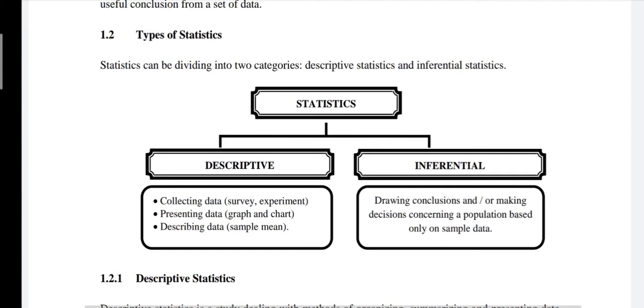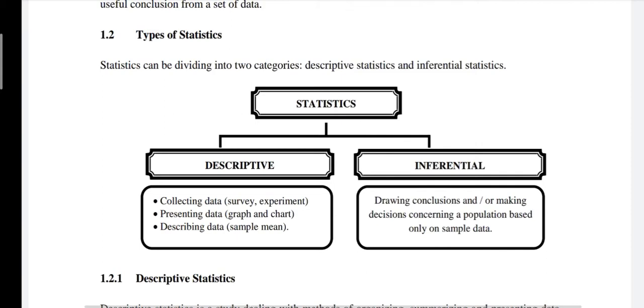For example, we can calculate the mean, then we can describe or interpret the mean from the data that we collect. That is descriptive: presenting the data and describing using the mean, median, mode and variance only. That is descriptive statistics.